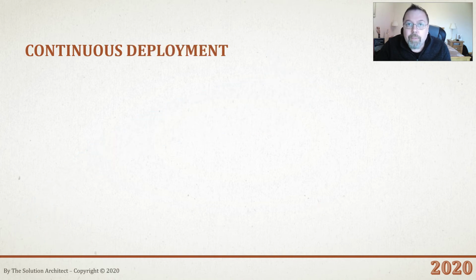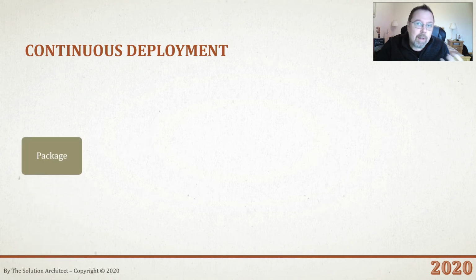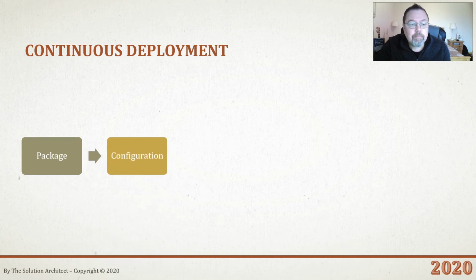The next part of DevOps is continuous deployment. Continuous deployment means you need to package your code. It will be either in a container or maybe an exe file, or it will be HTML files or web files that you want to deploy to your website, or it could even be SQL code that you want to deploy to a database.